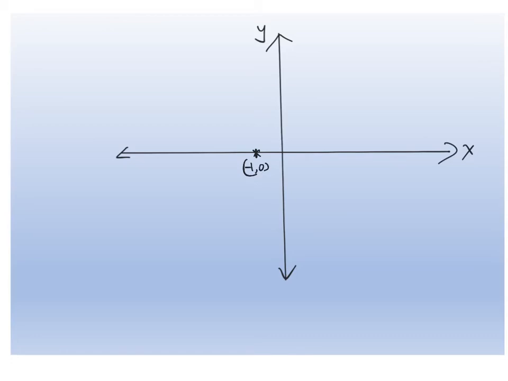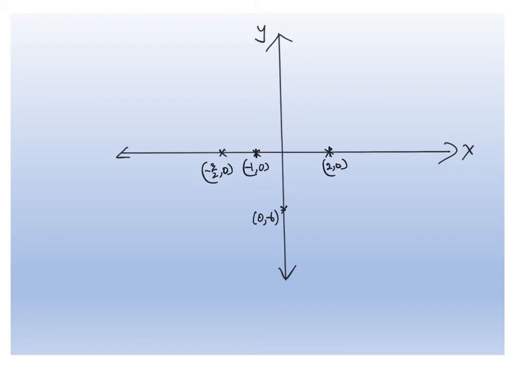The other one, I'll go a little bit further, is minus 3 over 2, 0. And then the next point is 2, 0. Now, you know that the y-intercept is 0, minus 6. So you've got 4 points.